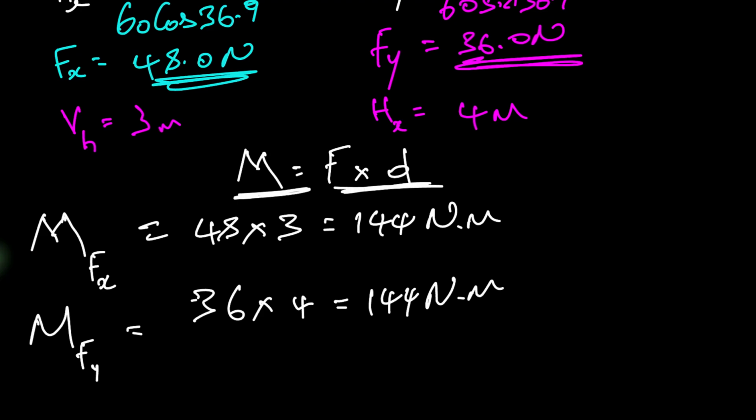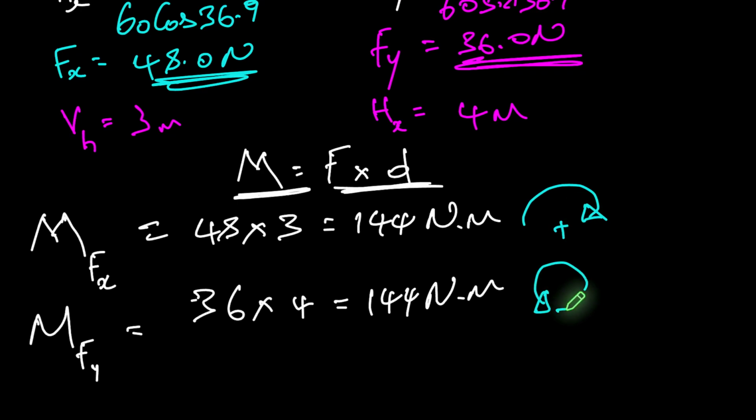So if we were to sketch this out and draw your force and the perpendicular distance, this one here would be rotating clockwise. And I'll take clockwise to be positive, and then this next one here will be rotating counterclockwise, and I'll take that to be negative.